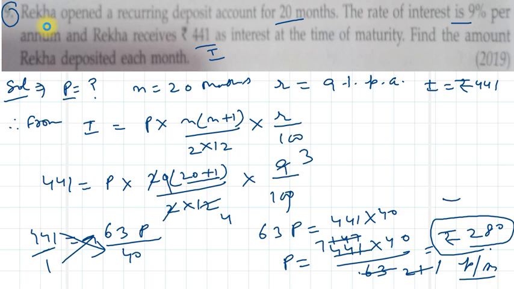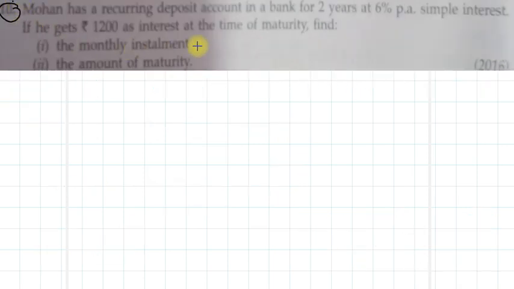Question 10 is, Mohan has a recurring deposit account in a bank for 2 years, 6% per annum simple interest. If he gets rupees 1200 as interest at the time, find monthly installment and the amount at maturity.